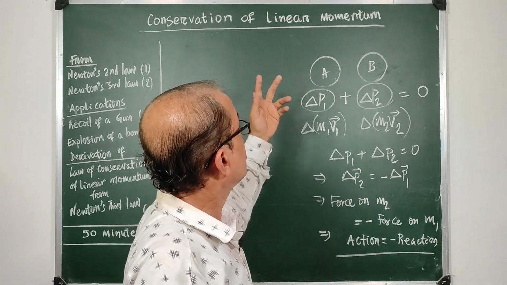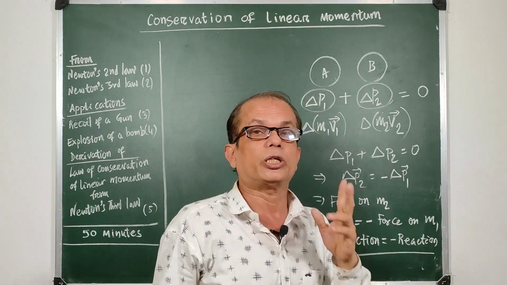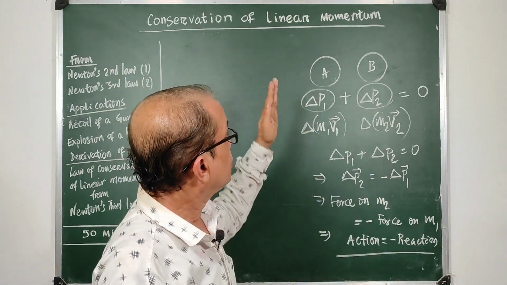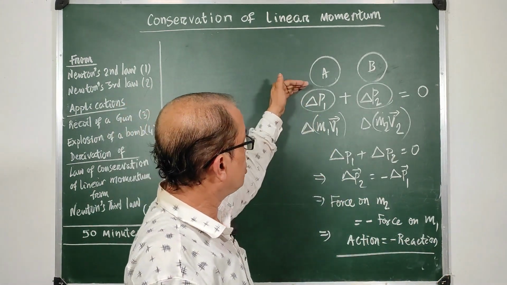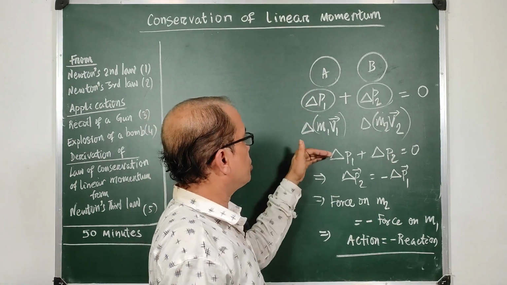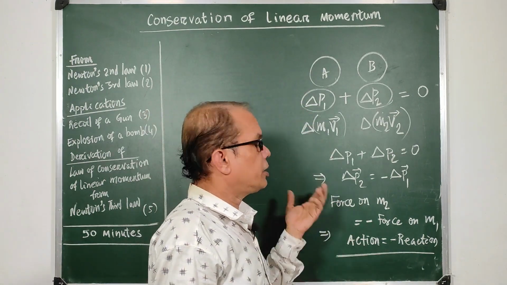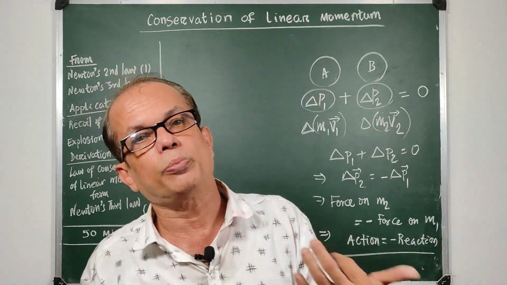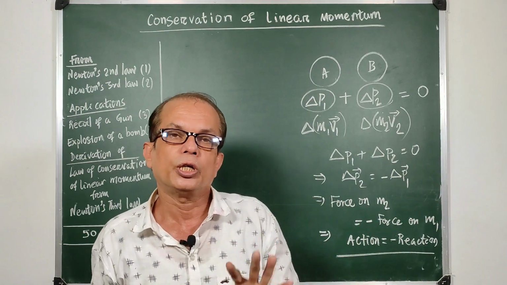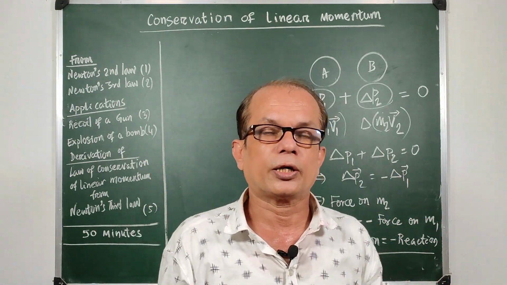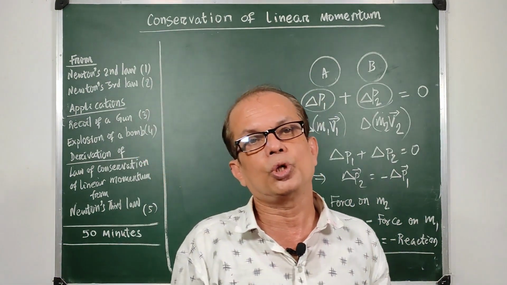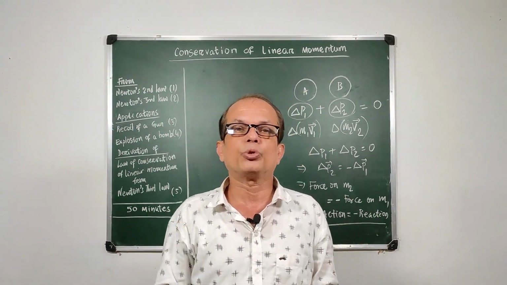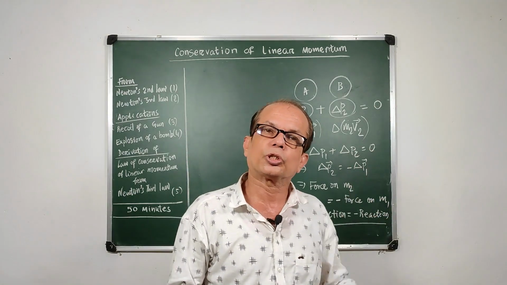According to this law, the algebraic sum of the changes in momentum should be 0 when there is no external force, and during such events we find that the force on the second body is equal to the negative of the force on the first body, meaning the action force is the negative of the reaction force. When action and reaction are equal in magnitude and opposite in direction, this is the verification of Newton's third law.